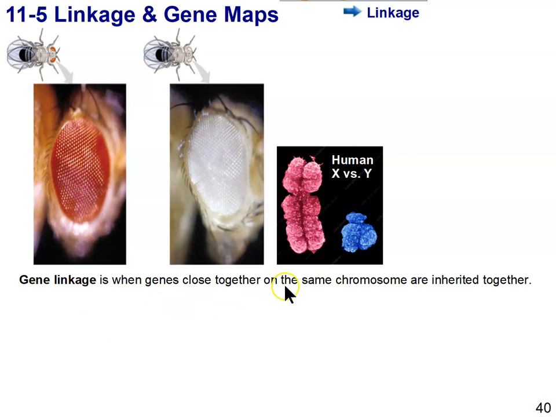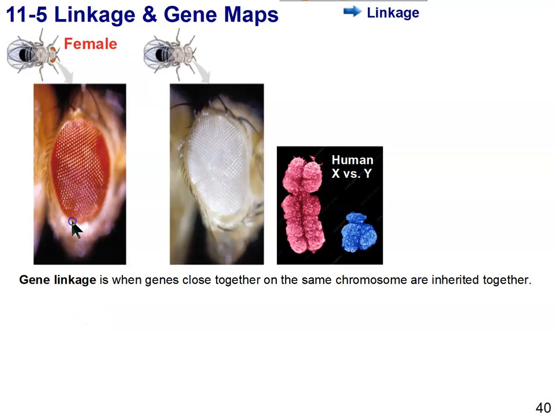Now that specifically is sex linkage, but we're also going to be considering gene linkage in general. And what that refers to is when genes are very close together on the same chromosome, they're more likely to be inherited together. But we're going to use this sex-linked example because it's a little easier to understand what we're talking about when we're talking about sex linkage.